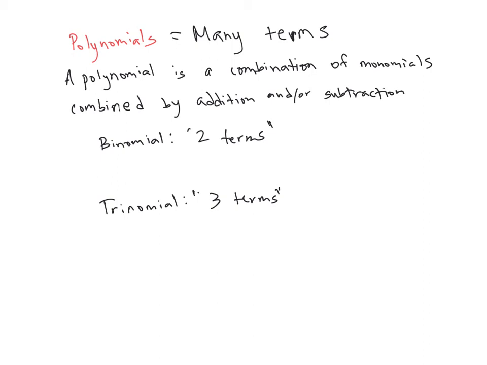Right, biathlon 2 events, triathlon 3 events. And so my example of a binomial would be something like 2x plus 5, 1, 2 terms. My example of a trinomial would be something like 3x squared plus 5x plus 7, right? 1, 2, 3 terms.